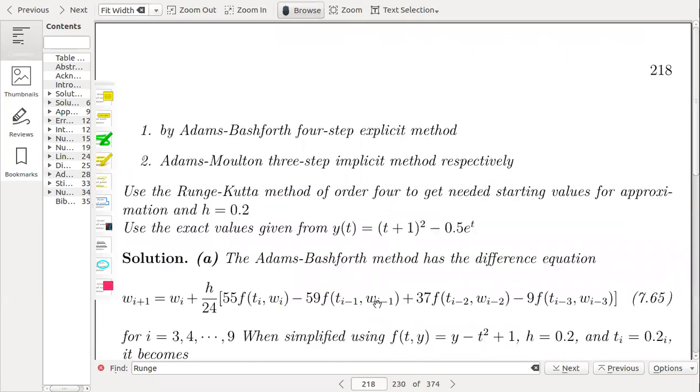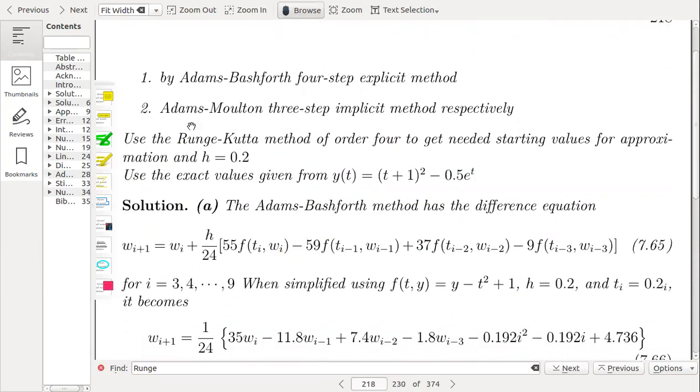Okay, so we need to use Adams-Bashforth four-step explicit method and then Adams-Moulton three-step implicit method. So these two parts will act as a predictor-corrector formula, which is known as Adams-Bashforth fourth-order predictor-corrector formula.